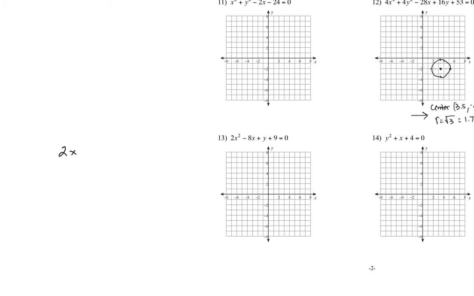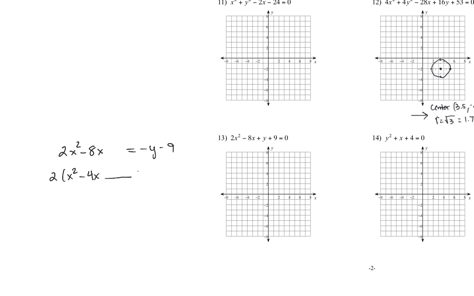2x squared minus 8x. And the parabola only has one squared term, so we're going to get everything else on the other side, which is equal to negative y minus 9. Okay, here again, factor. Going to get that 2 out front, minus 4x.